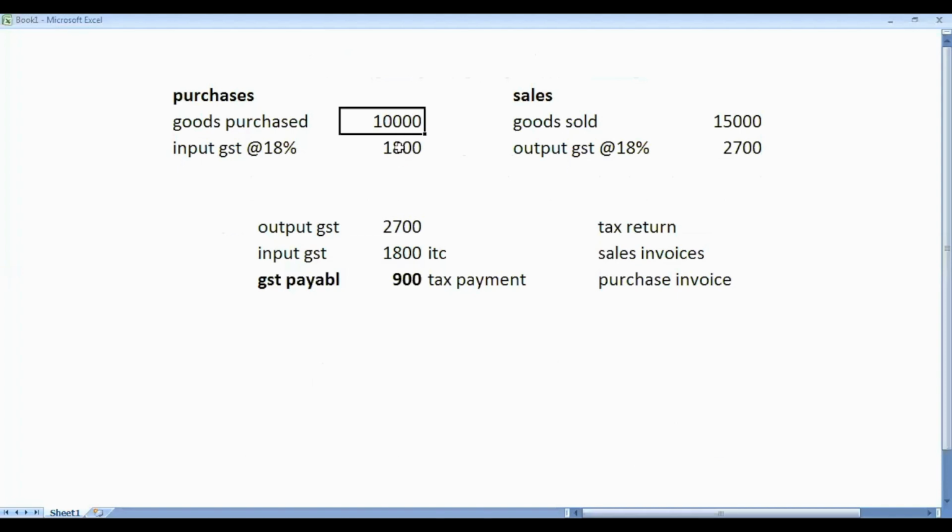But only if our supplier has paid this 1800 to the government can we get ITC of 1800. If our supplier has not submitted or uploaded the GST return, and GST filing is not done by our supplier, then we will not be able to claim this 1800 as ITC.